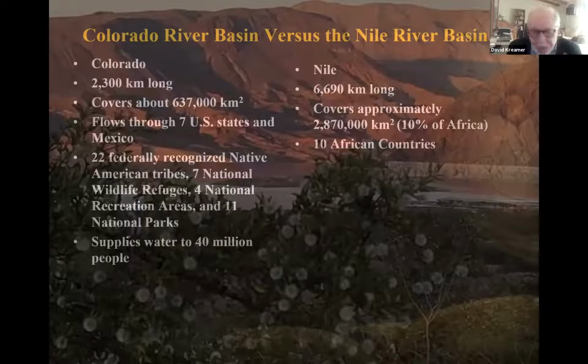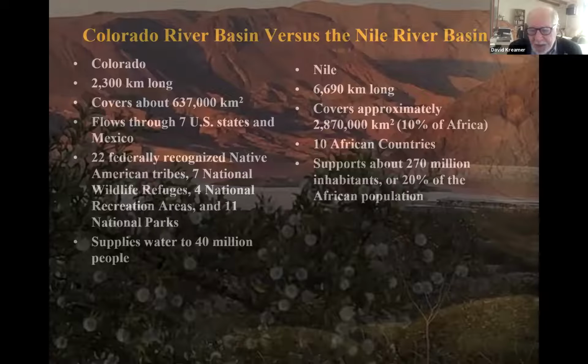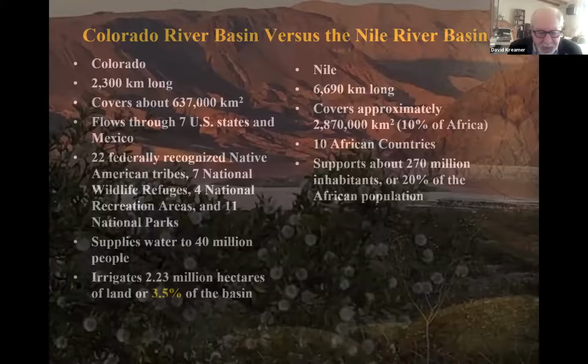The Colorado River supplies water to 40 million people, whereas the Nile supports about 270 million people, or about 20% of the African population.